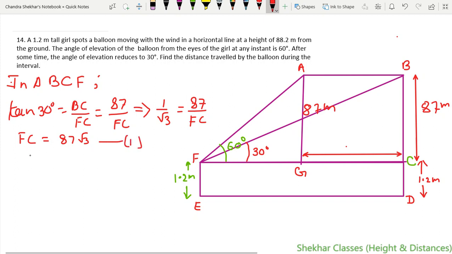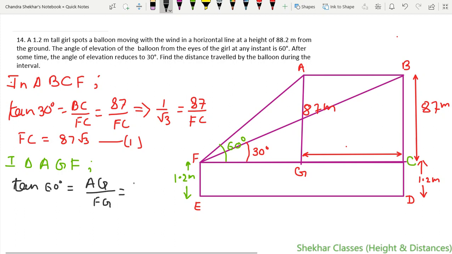I'll keep it here. Now from the other triangle, triangle AGF, we have tan 60 degree equal to AG upon FG, the perpendicular upon the base.